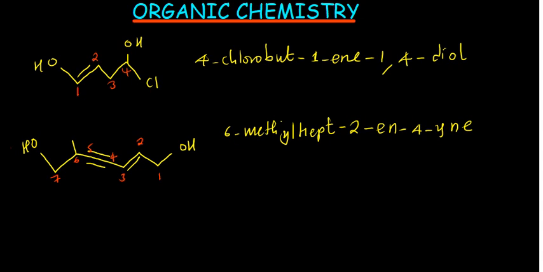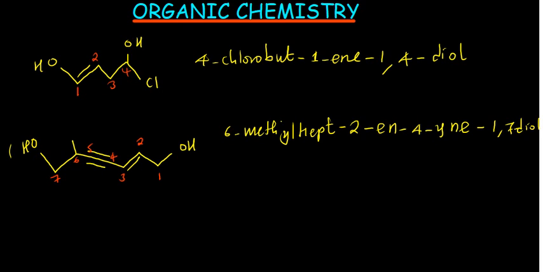And then now we are going to state the positions of the hydroxides or the alcohol functional groups. So it is a position number 1 and position number 7, and then we put diol. So that is going to be the name of this compound, 6-methylhept-2-en-4-yne-1,7-diol. So that is going to be the name.